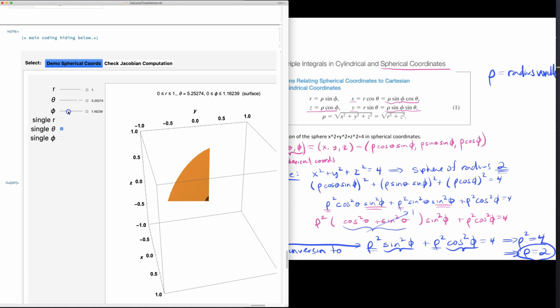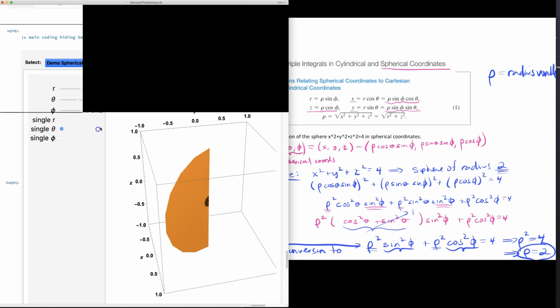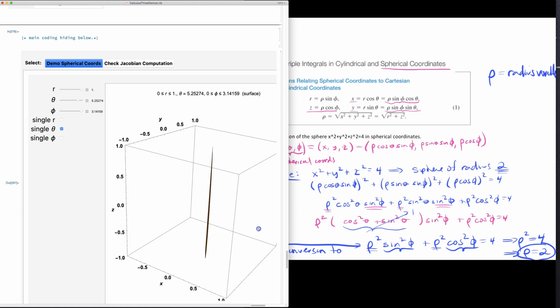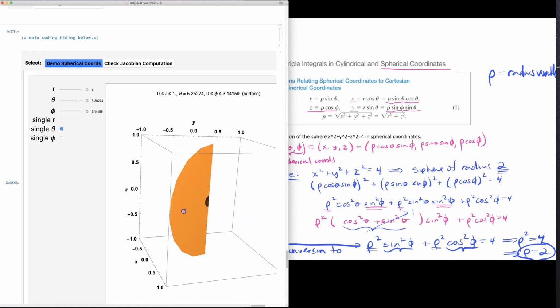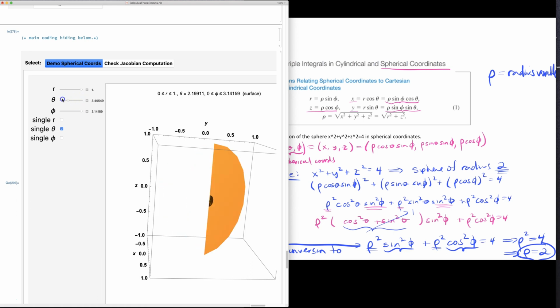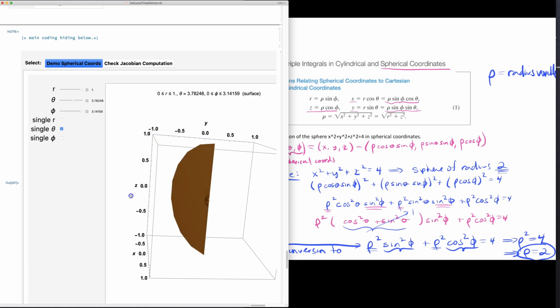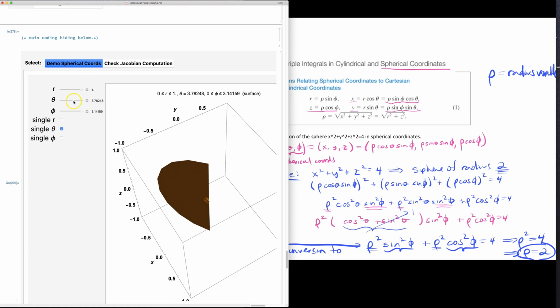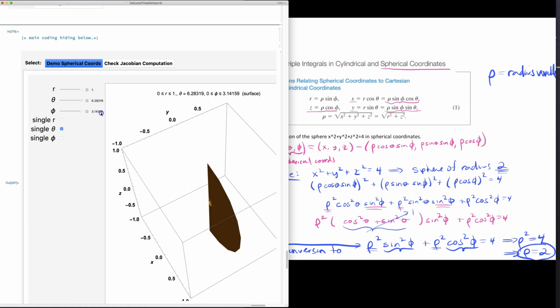If phi gets bigger and bigger, we can make maybe a fan-shaped slice, half a slice of the sphere. Okay, and if theta is still a fixed number but a different value of theta, we're just getting this little weather vane shape that's just kind of blowing around perhaps in the wind.